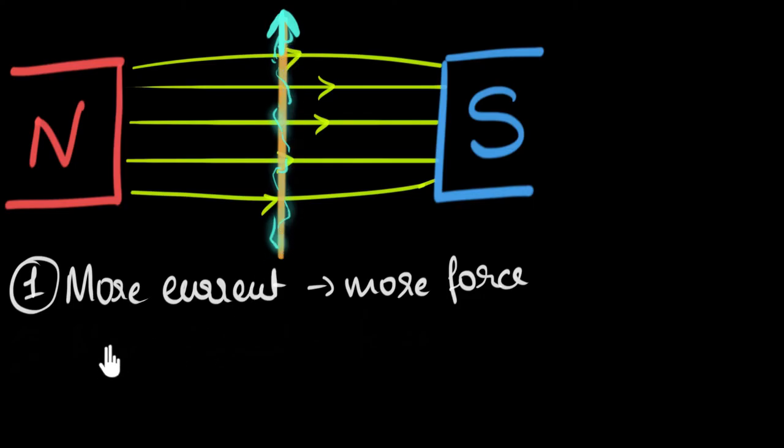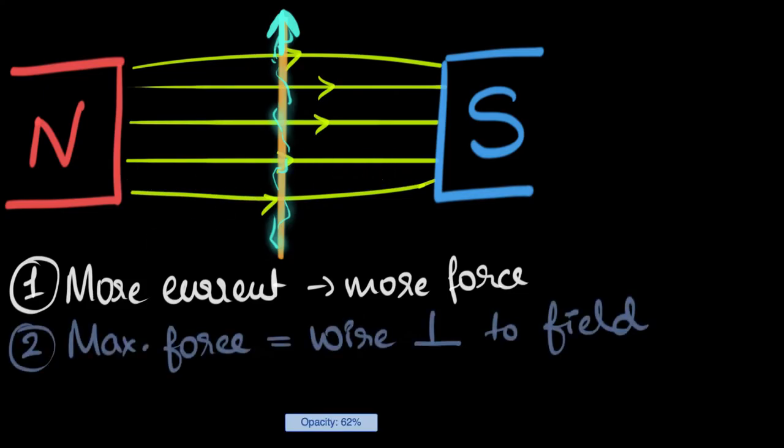The second result is not so obvious. What they found is that the force acting on this wire not only depends on the current, but it also depends upon the angle between the wire and the magnetic field. When the wire is perpendicular to the field, like we have kept over here, that's when the force is maximum.